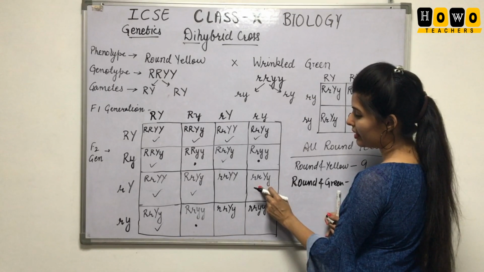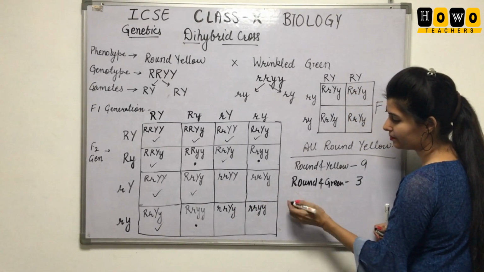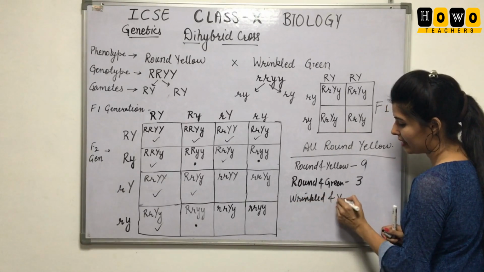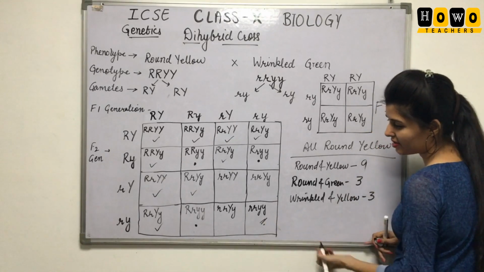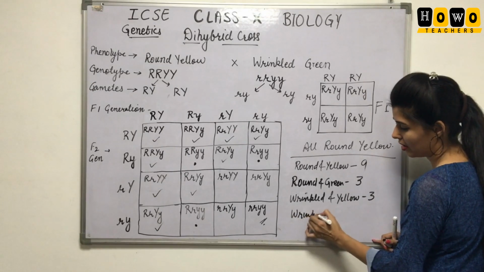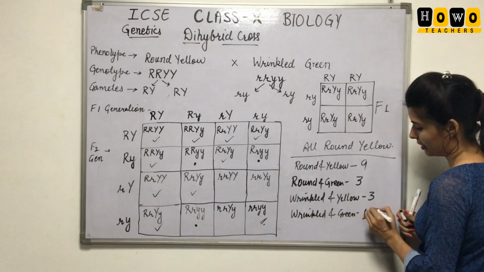This is wrinkled and yellow. So the next character is wrinkled and yellow. That is also 3 in number. And the last one remaining, that is wrinkled and green. It is the single one.